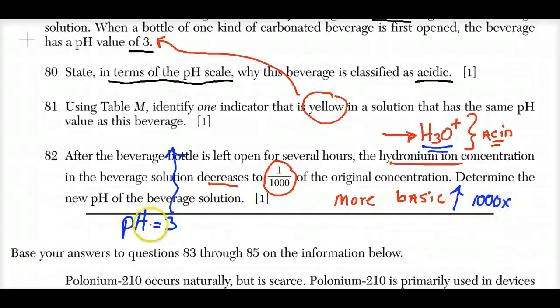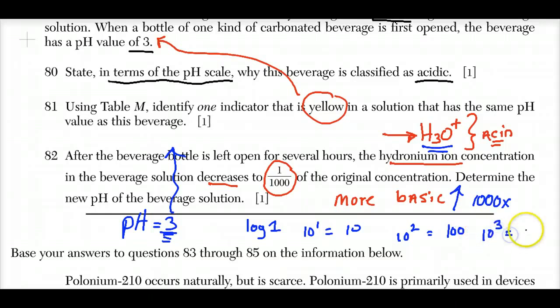And we should know that the pH scale is based on logarithms, base 10 logarithms, right? A log of 1 is really 10 to the 1, which is 10. Log of 2 is 10 to the 2, which is, guess what, 2 zeros, 100. And 10 to the 3 is equal to 1,000.